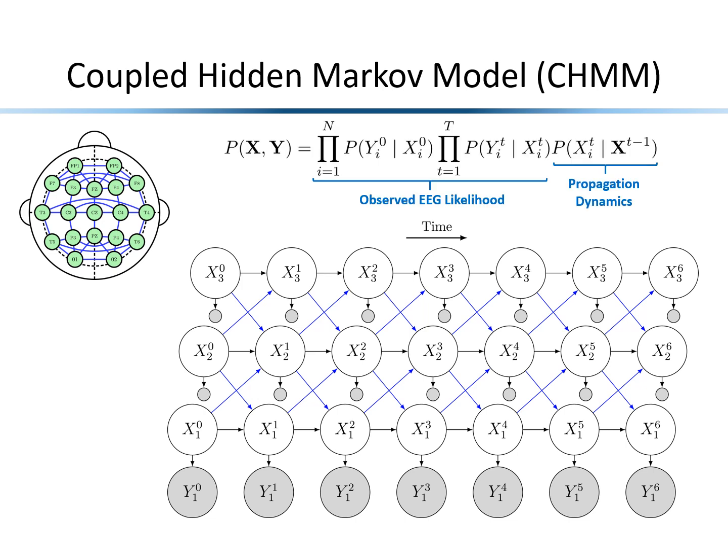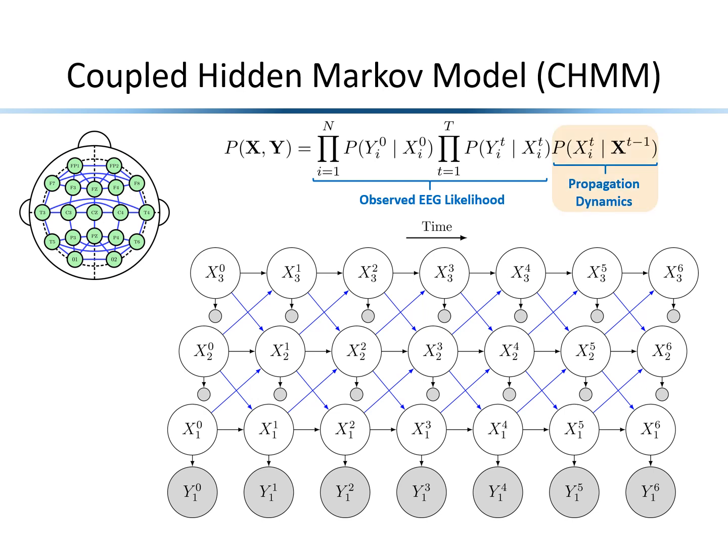Mathematically, if we look at the joint distribution of all these hidden states and all of the observed data, x and y, we have an EEG likelihood, so again, how all the data is generated from the hidden states, which factorizes as shown. And then we have the propagation dynamics for each channel based on the previous state of its neighbors.